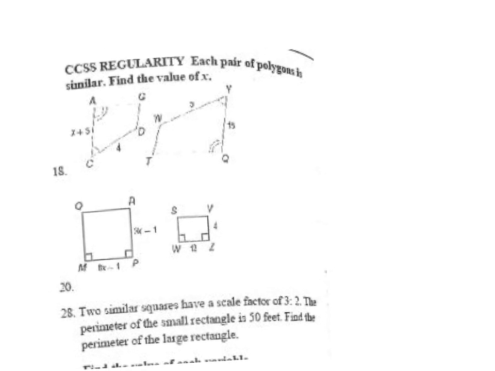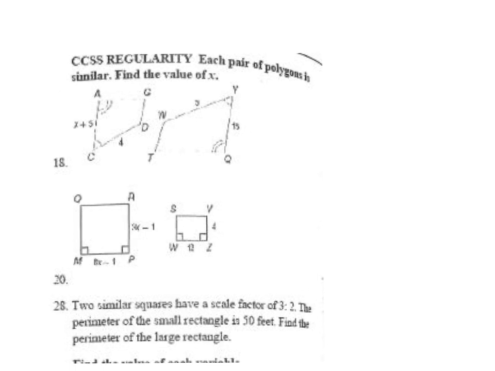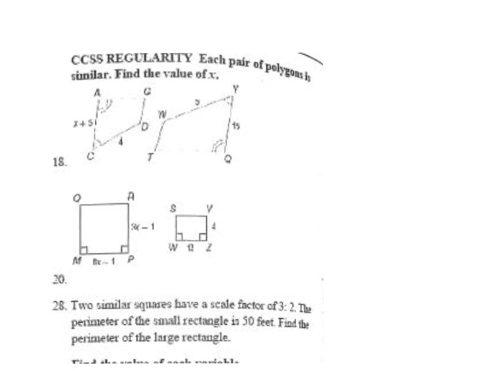All right, so 18 and 20, we're just looking for x, so we're setting up proportions and solving. And so for 18, we're going to have x plus 5 over 15, and then that is going to be equal to 4/5.